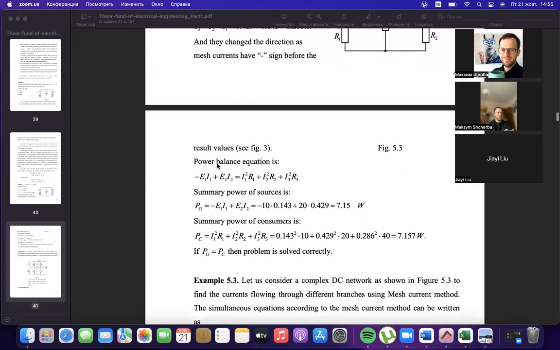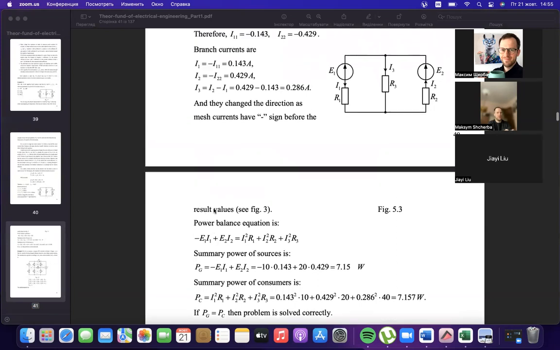And after that, we could check, for example, using the power balance equation, that the power generated by these 2 sources should equal the power consumed by 3 resistors. The resistors consume Joule heating, I squared R, the square of current times resistance. Substituting our solution, we obtain about 7 watts of power. And we do the same for the sources.